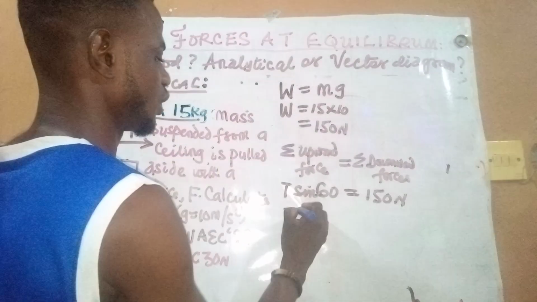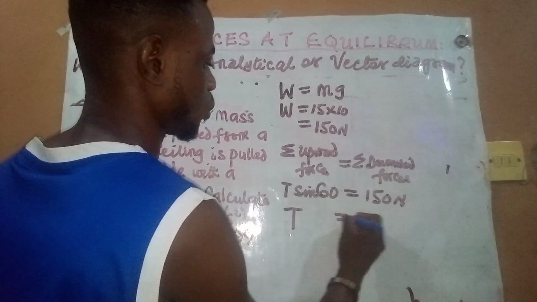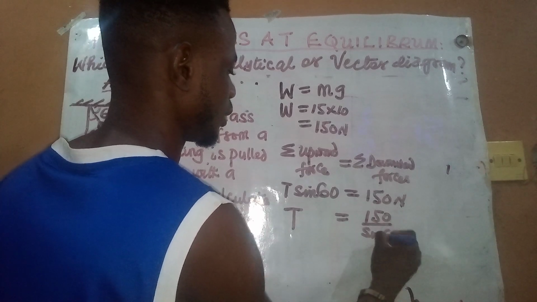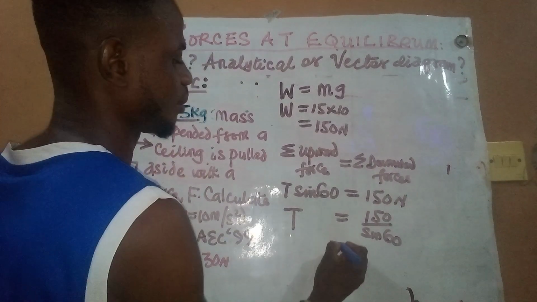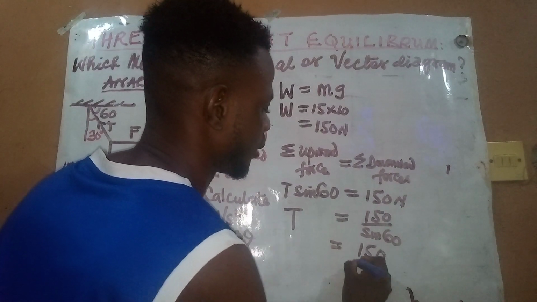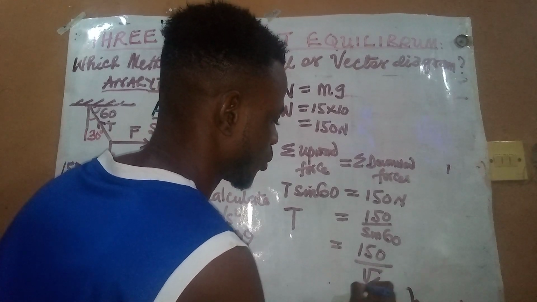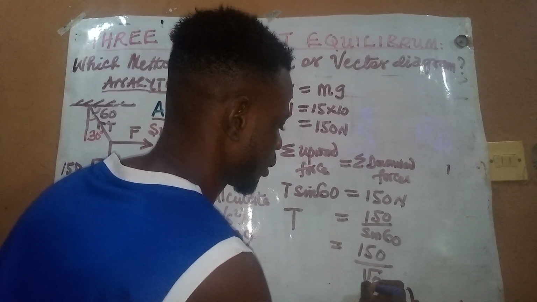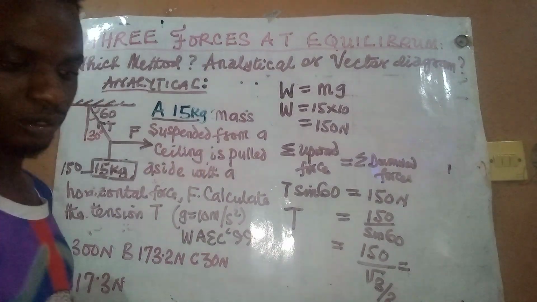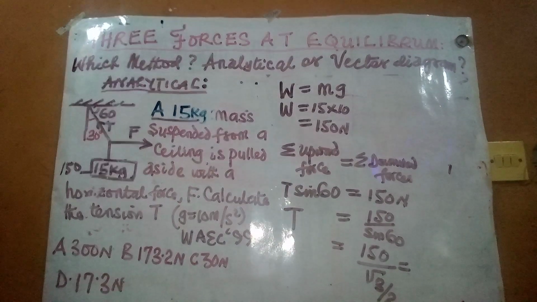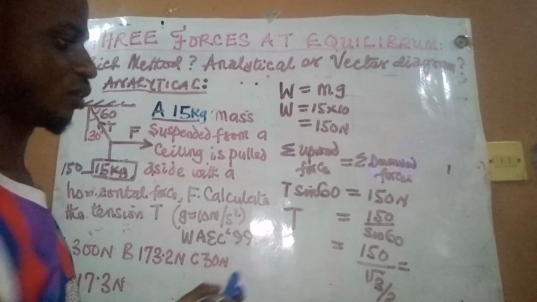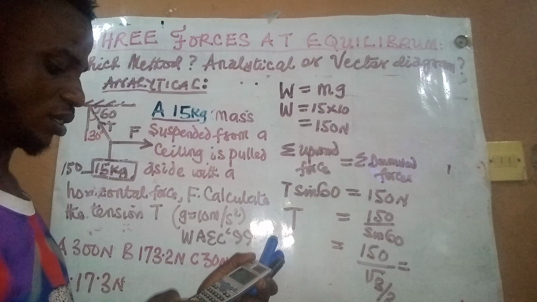So that T, the tension in the string, is equal to 150 divided by sine 60. Now sine 60 is the same thing as root 3 over 2. And if we simplify it, it's going to give us 150 over root 3 over 2, or 0.866.